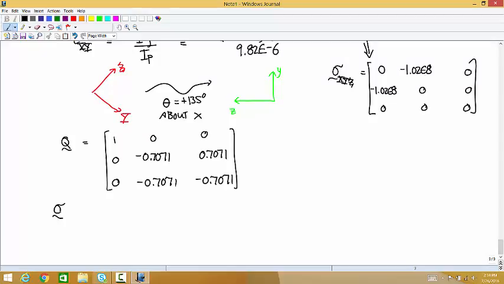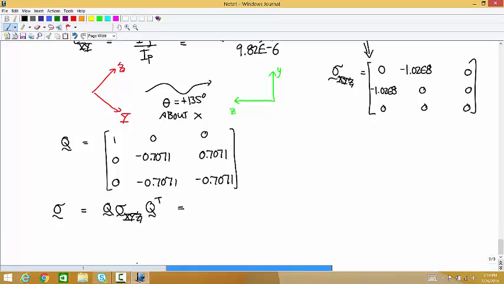So the stress tensor in the green coordinate system, the one that we want, is equal to Q times the capital stress tensor times Q transpose. Could someone multiply that for me? I don't have that here.